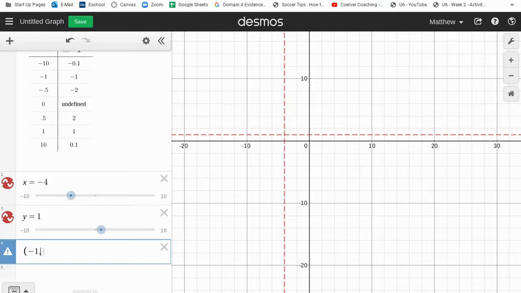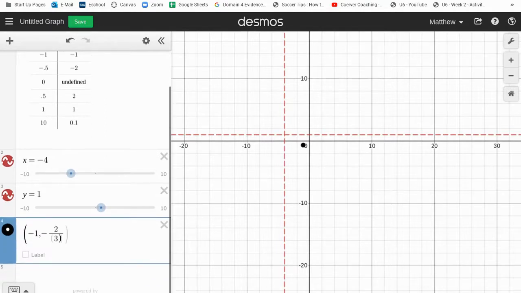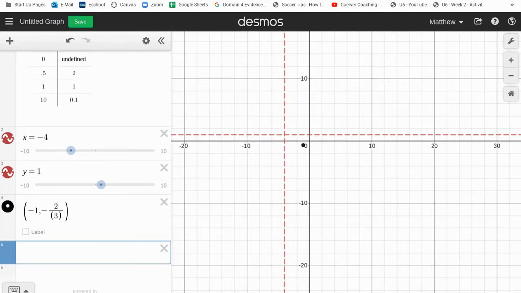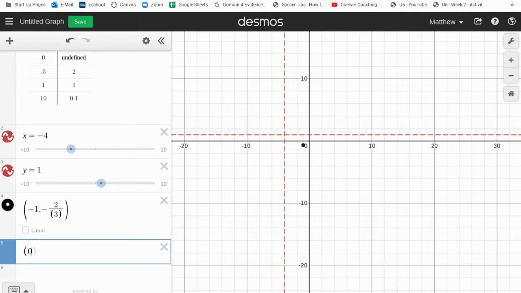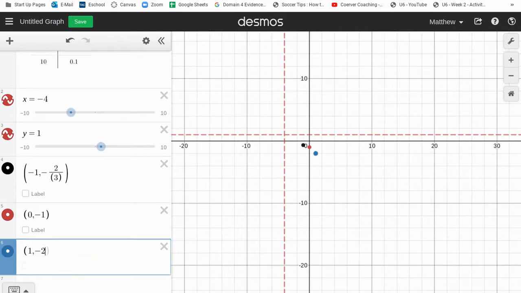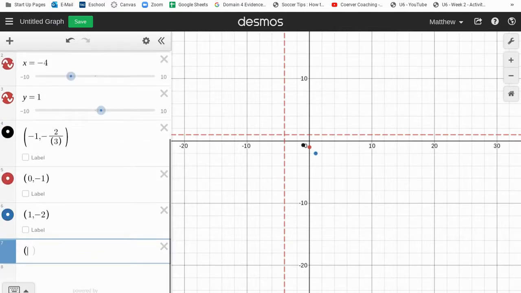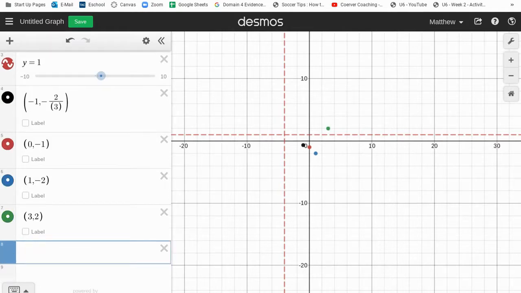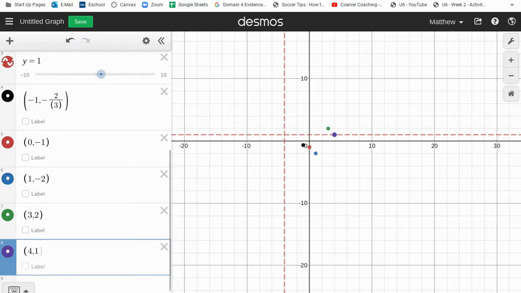So -1, -2 divided by 3, and then 0, comma, -1, 1, comma, -2, and then I have 3, comma, 2, and 4, comma, 1.